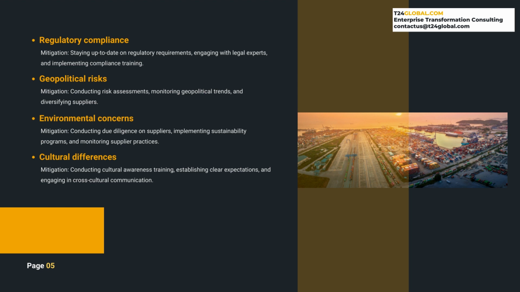This can involve setting up environmental management processes and conducting regular audits of suppliers. The key persona involved in this process would be the sustainability manager, who would be responsible for managing environmental risks. Companies can use sustainability management software, such as Enablon or Sphera, to manage environmental risks and monitor supplier practices.